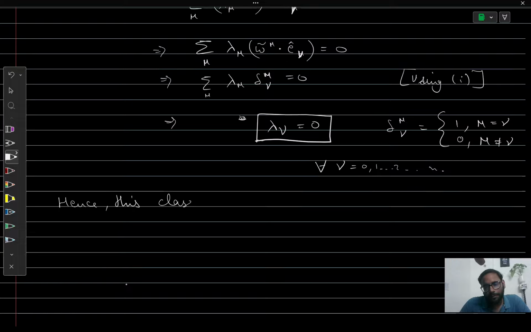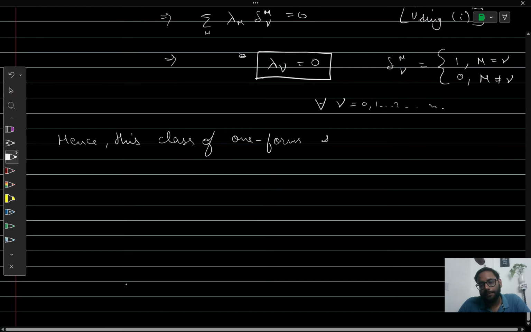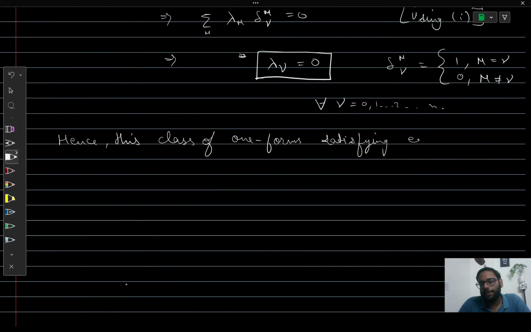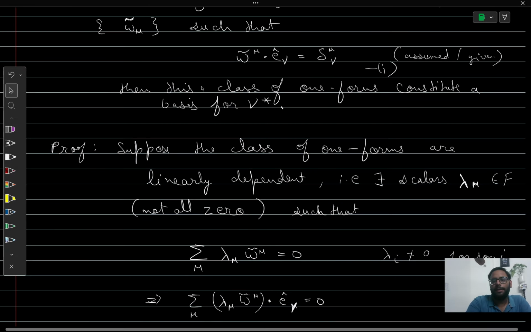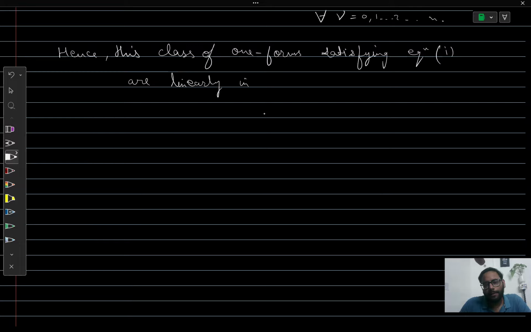Hence this class of one forms, remember that one forms are the elements of the dual space satisfying equation 1, that is condition 1, this orthogonality condition, are linearly independent.